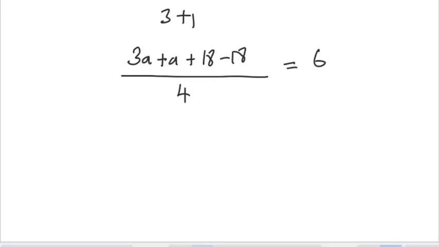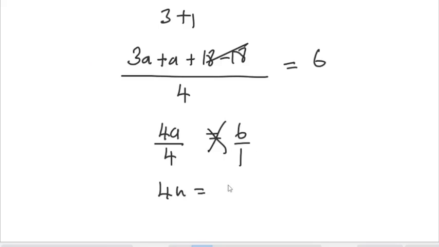What we can cancel is this 18 minus 18, which is 0. 3a plus a, it's 4a over 4, equal to 6. So we cross multiply: 4a equals 4 times 6, you're going to have 24.